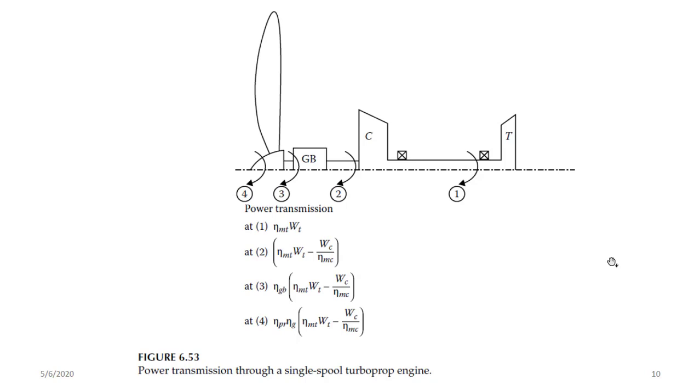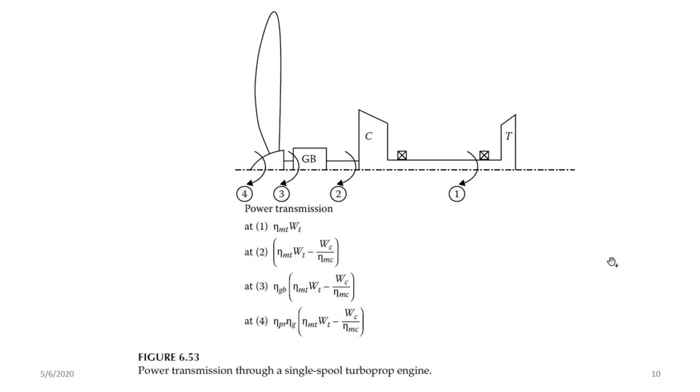So at 2, the mechanical efficiency of the turbine multiplied by the specific work of the turbine minus the specific work needed to drive the compressor divided by the mechanical efficiency of the compressor. So this difference is equal to the power that is available to drive the gearbox.